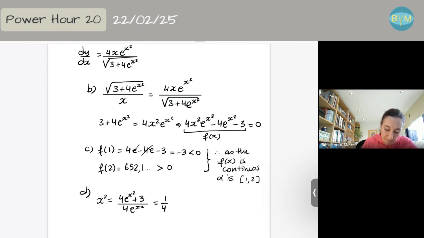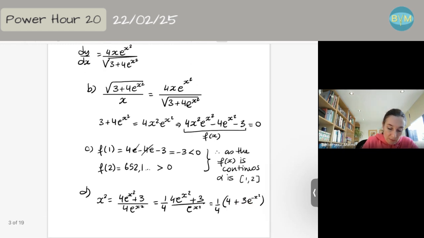So 1/4 because they have it outside, and then I'm going to divide the 4e squared plus 3 by e squared. So I have 1/4 of 4 plus 3e to the power of minus x squared. I'm dividing this one by e squared, and I have 4, and this one by e squared, I have 3e to the power of minus x squared.